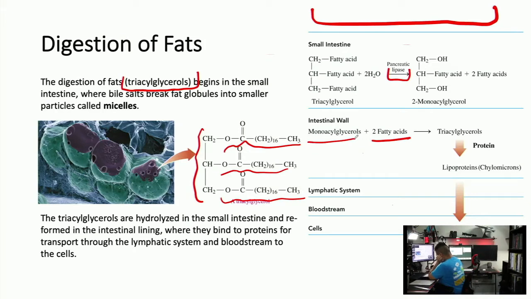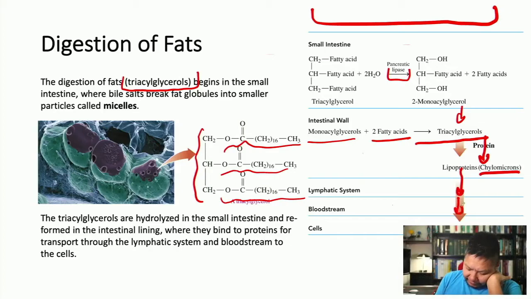When they get broken down, they encounter the intestinal wall, where they get transformed into triacylglycerols and then turned into lipoproteins. And remember, those were the chylomicrons. After that, they go into the lymphatic system, into the blood, and then into the cells for use, either for storage or for energy.